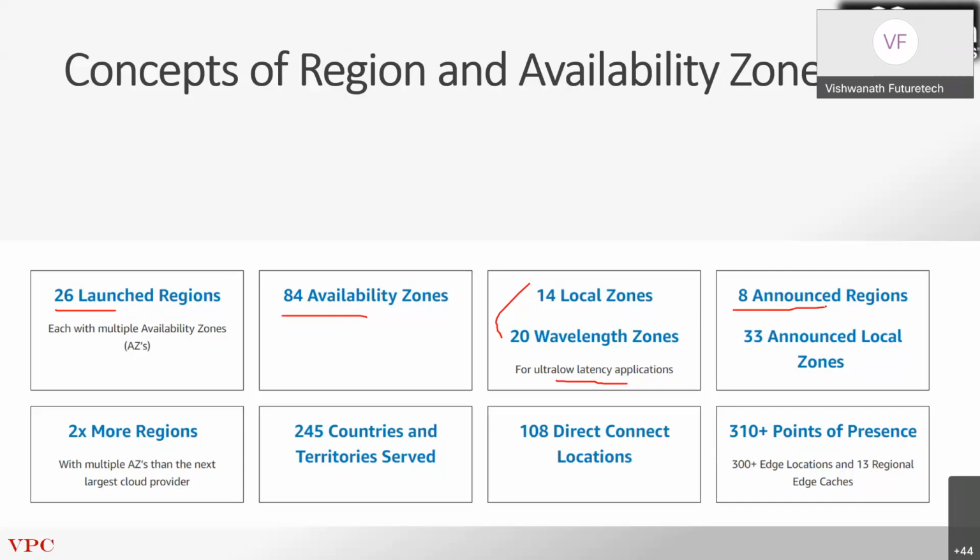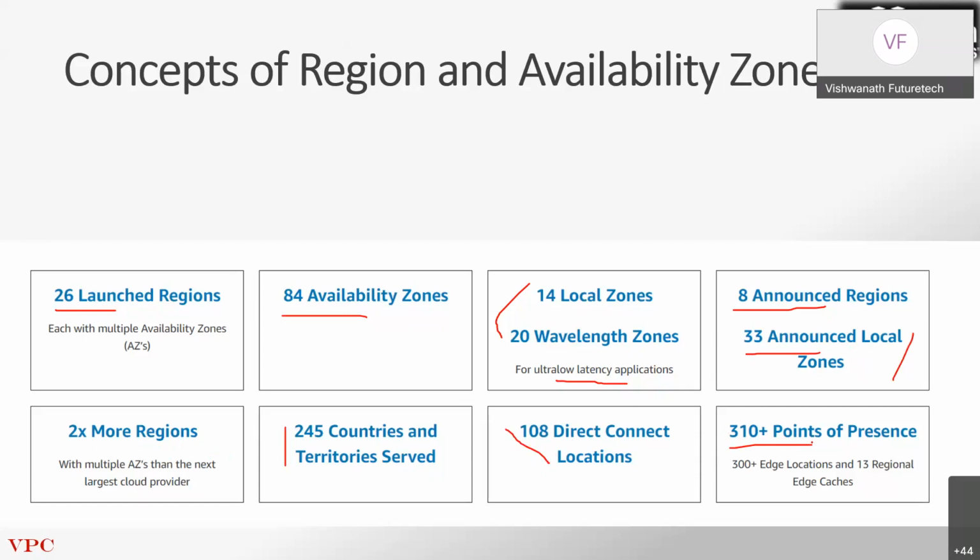Apart from that, they have announced 8 regions and 33 local zones. They also have 2x more regions compared to others, and they are connected very well across these countries. They have Direct Connect options, a very interesting concept which is private connectivity, like extended edge points.